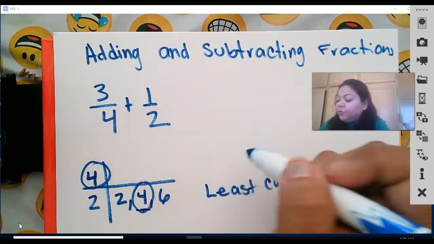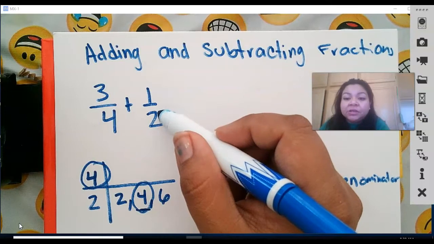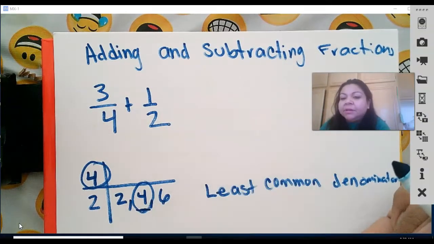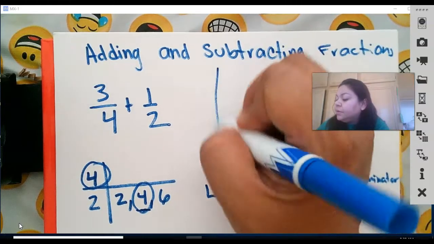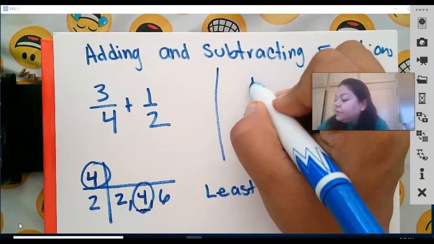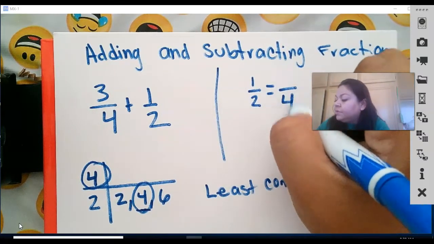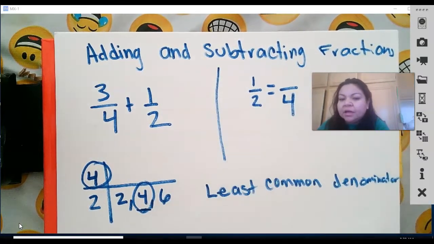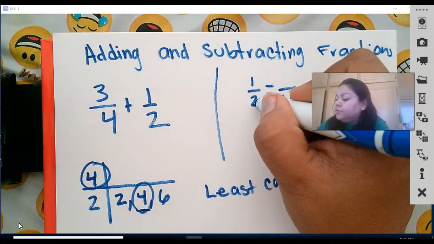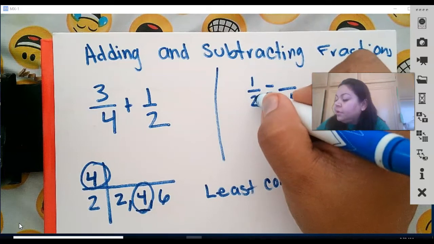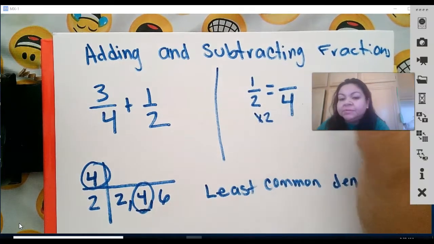So 3/4 is going to stay the same. But I want to find now the equivalent fraction of a half with a denominator of 4. How do we do that? I'm going to find the equivalent fraction of a half where 4 is the denominator, because that's my least common denominator. To get to 4, I have to multiply the 2 by 2. 2 times 2 equals 4.